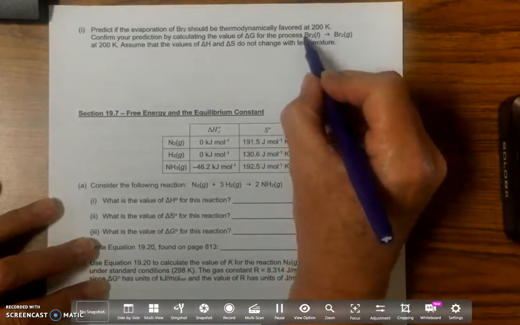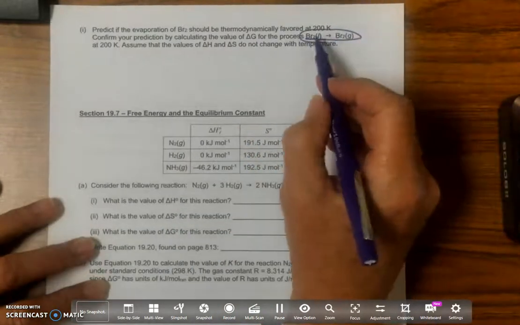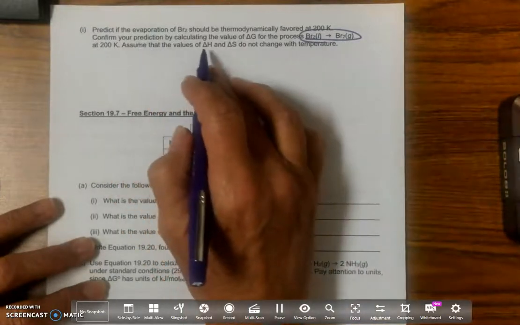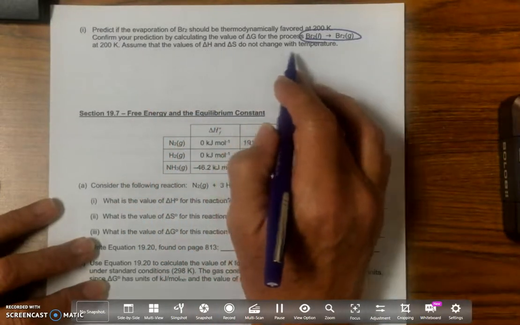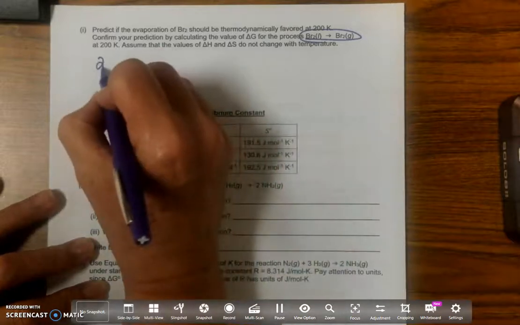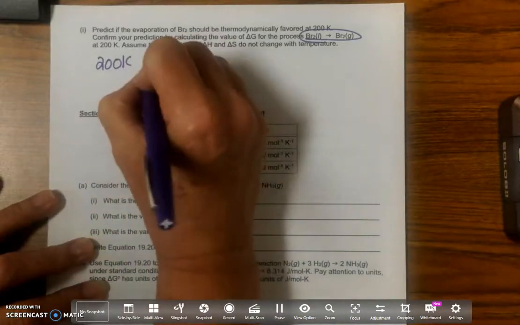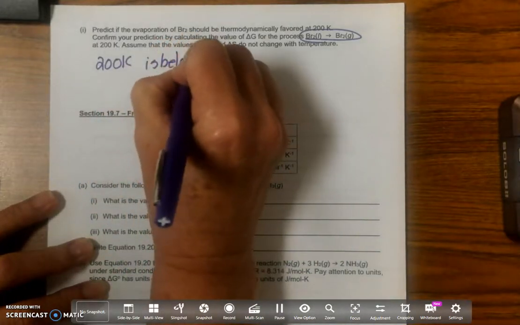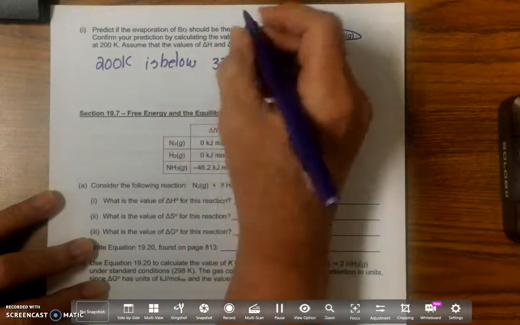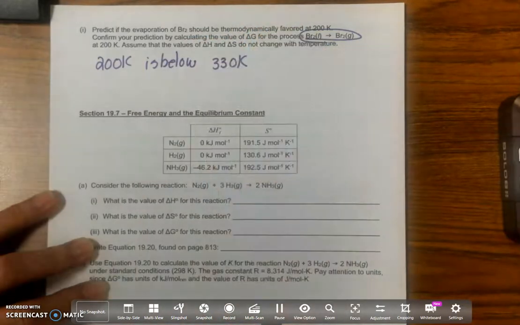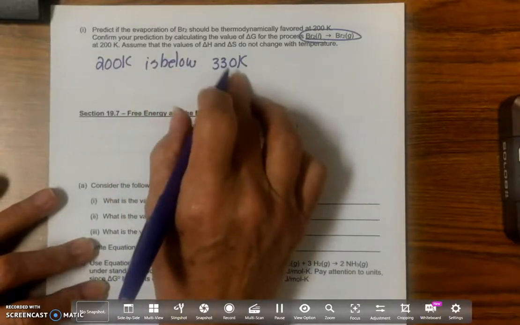Okay. Now, predict if the evaporation of bromine should be thermodynamically favored at 200 K. Now, we have calculated the normal boiling point here. Assume that the values of delta H and delta S do not change with temperature. Now, 200 K is below 330 K. So what I'm going to do is I'm going to calculate it.